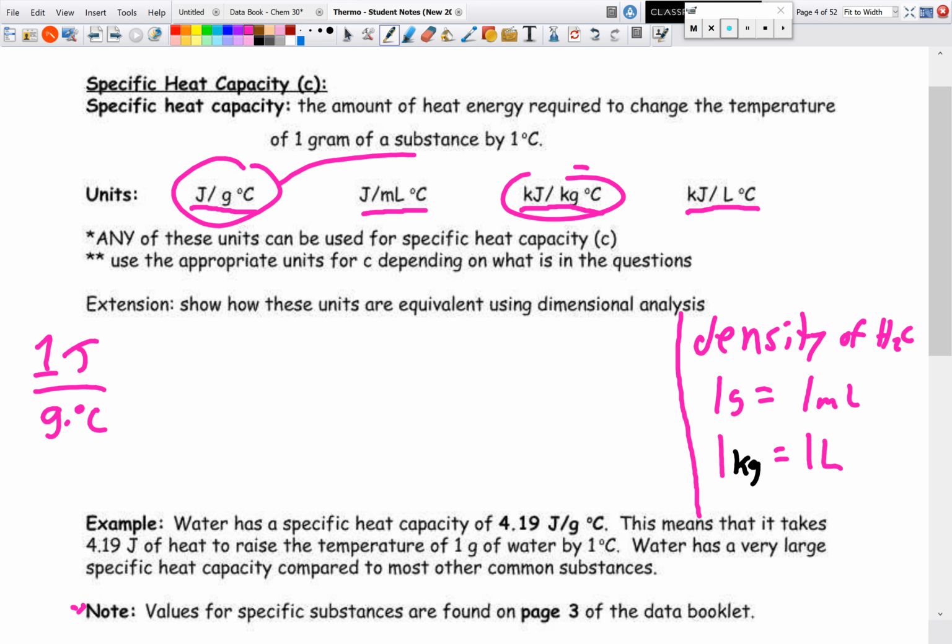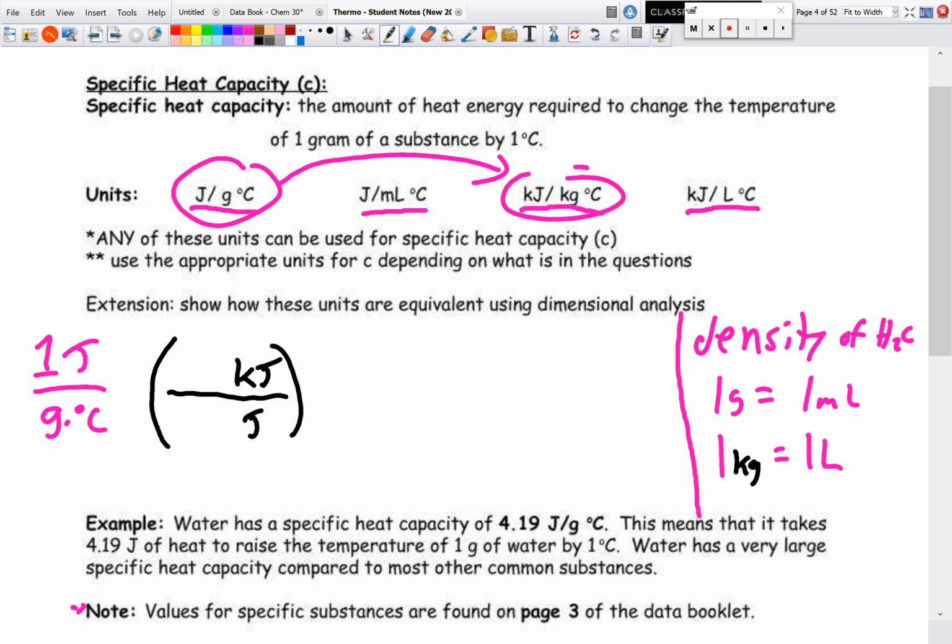When doing conversion factors, the unit we want to cancel goes on the bottom, and the unit we want at the end is on top. So we want to convert joules into kilojoules, which means the kilojoule unit goes on top and the joule unit goes on the bottom.